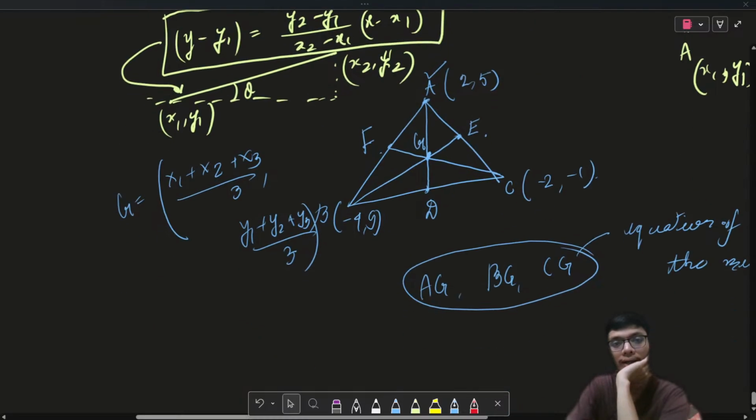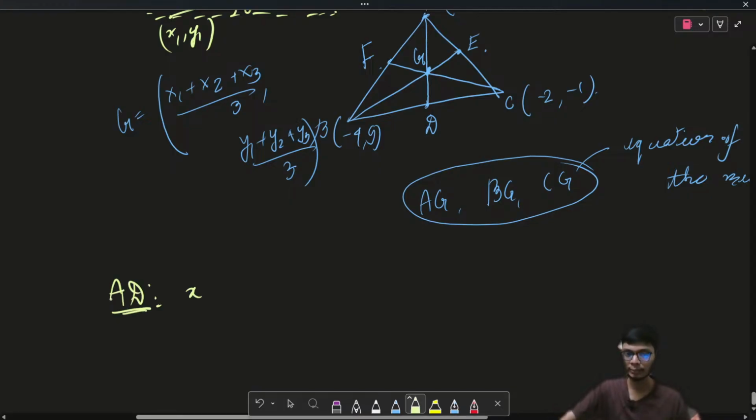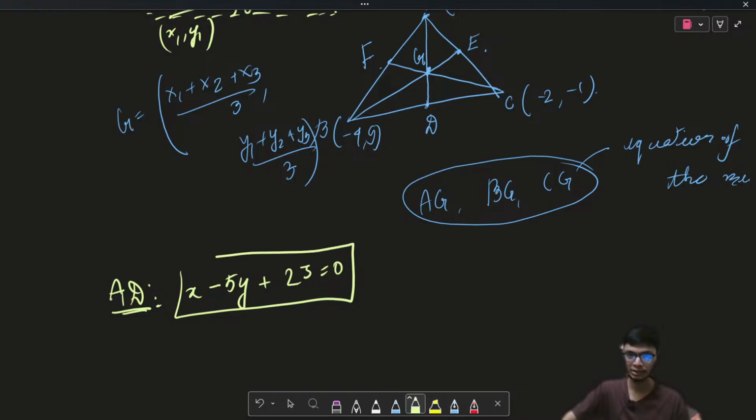So I'm writing down the equations of the medians. If you solve this problem, you will get the equation of the median AD as x minus 5y plus 23 equals 0. That's the equation of the median AD, which is the same as AG.